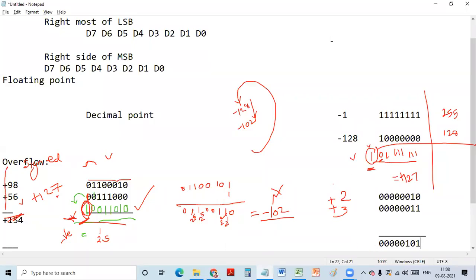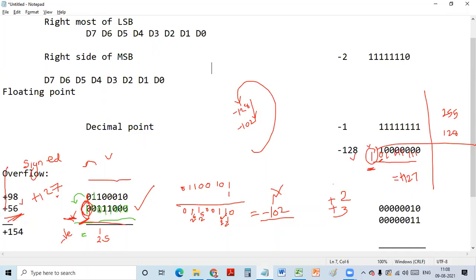Simply plus 5. There is no extra bit out of this. The result is correct. Similarly, go by negative numbers, minus 2 and minus 3. Minus 2 is how much? Minus 1 is all ones, since they have to be represented in 2's complement form. Minus 2 is 1, 1, 1, 1, 1, 1, 1, 0. Similarly, minus 3 is 1, 1, 1, 1, 1, 1, 0, 1.